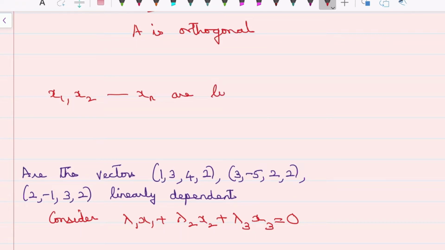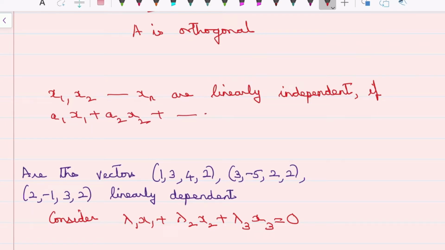We say that x1, x2, xn are linearly independent if I were to take a1 x1 plus a2 x2 plus an xn equal to 0, then I have a1 equal to a2 equal to an equal to 0.